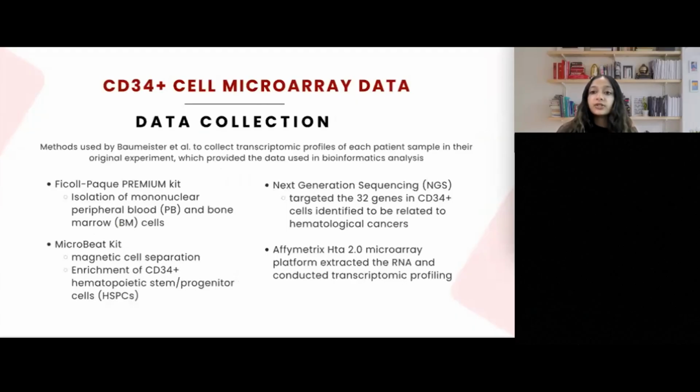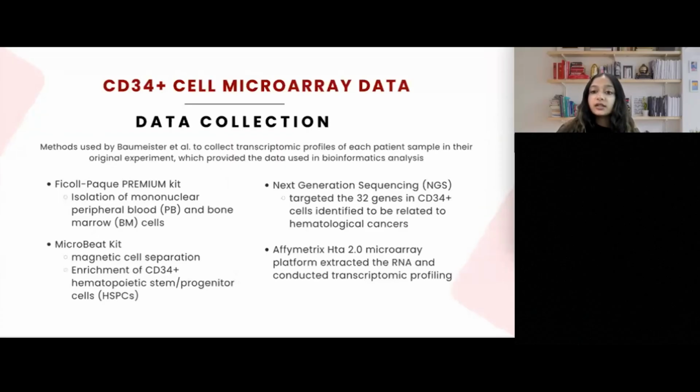The methods that this research group used to collect the transcriptomic profiles from each patient sample in their original experiment are listed here. First, a Ficoll-Paque Premium kit was used to isolate the mononuclear peripheral blood and bone marrow cells. Then, magnetic cell separation and enrichment of the CD34 plus hematopoietic stem and progenitor cells was done using a microbead kit.